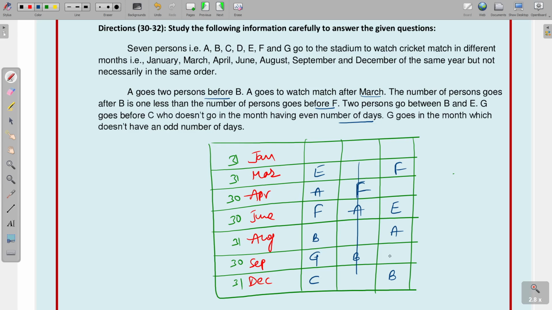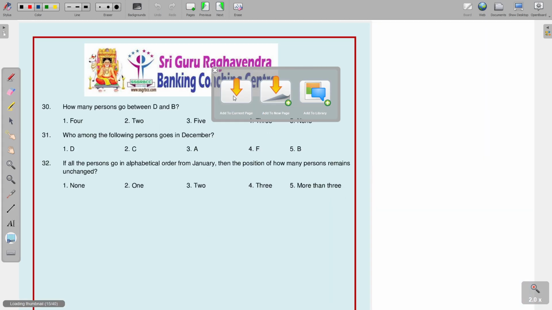Next, for C only 2 places are left, 30 days and also 30 days. We cannot fix C in either of these two, so this one is not correct. So who is the remaining person? A, B, C done, only D is placed here. Okay, it is the final arrangement of the puzzle. Let us move on to the questions.